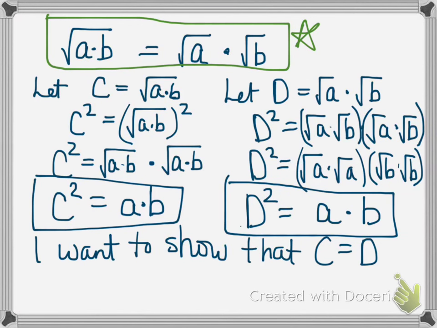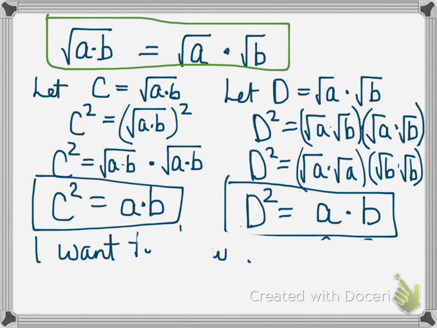So, I need a tiny bit more room. Let me just get rid of this. Okay. So I've done this. So I've shown that now I know that C squared equals D squared. All right. Don't you love these proofs, guys? So C squared is equal to D squared, right?